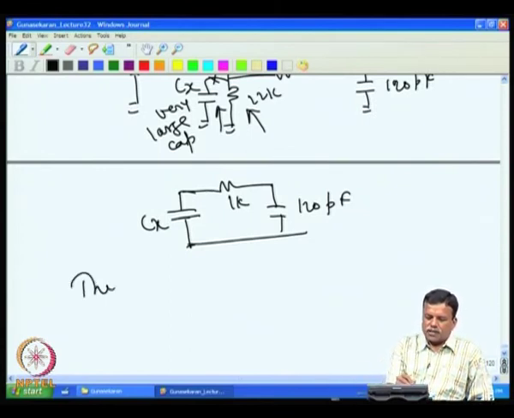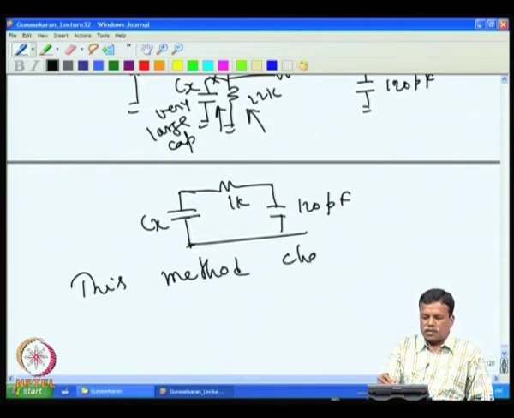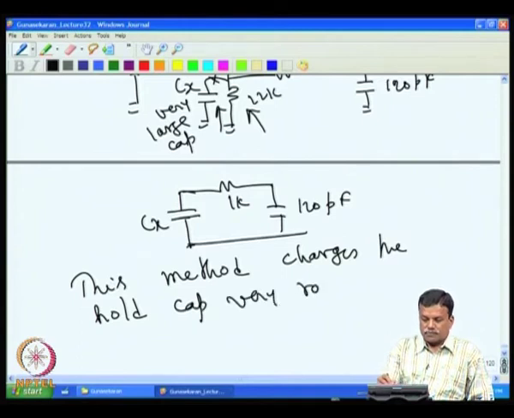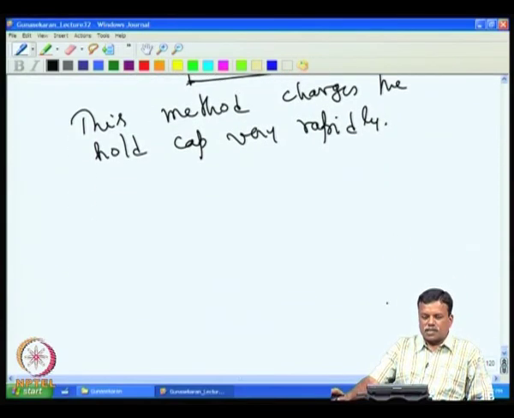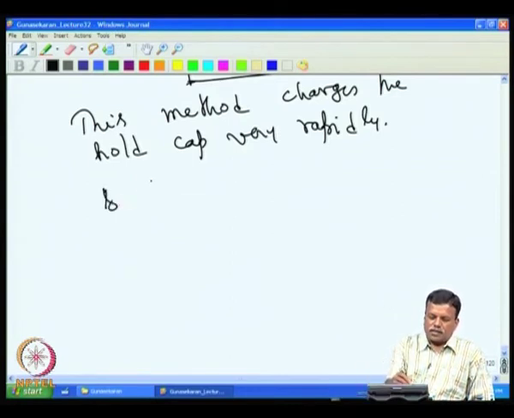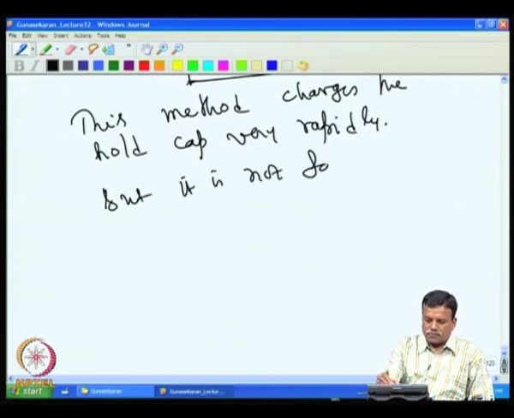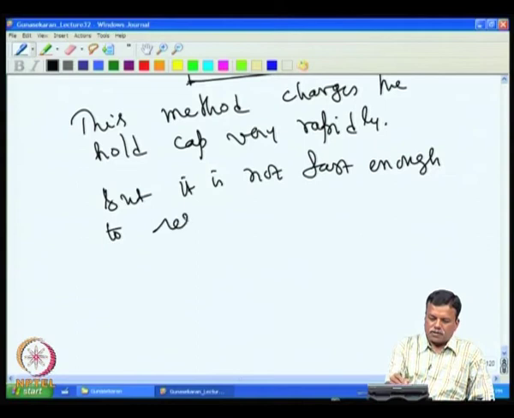So this method charges the whole capacitor very rapidly, but the system is not fast enough to respond to the battery voltage change.